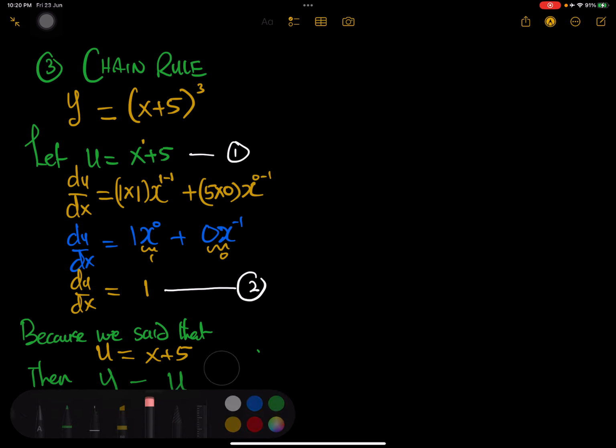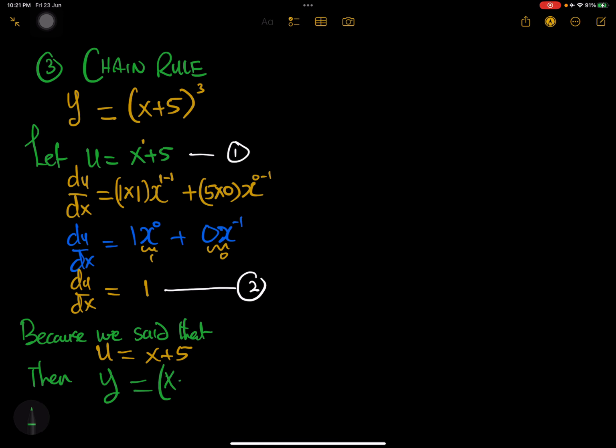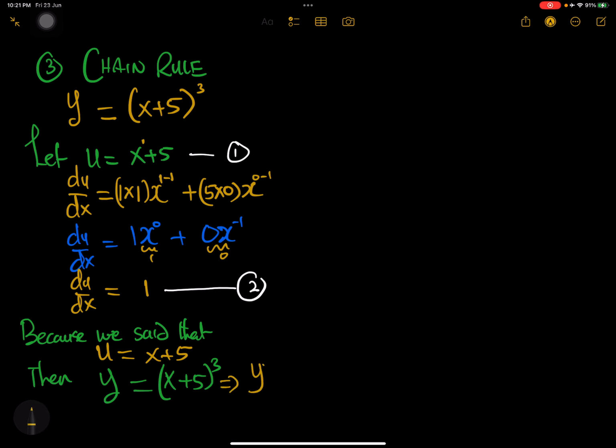Remember our y is x plus 5 to the power 3. So because of that, our y is going to be equal to u, because this is u, to the power of 3. We have our y to be equal to u cubed, or u to the power of 3.